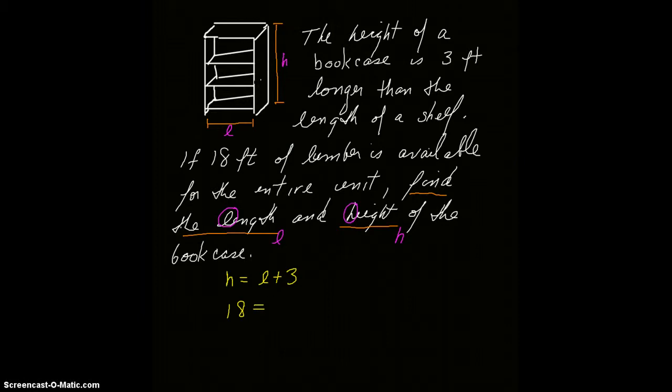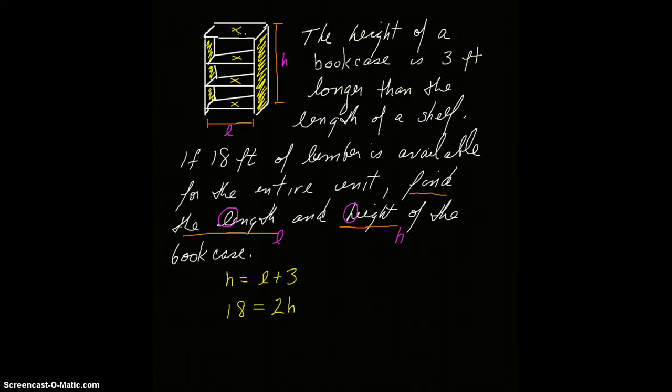So 18 would be, say, this side of the bookcase, right? That's H, but I've got another side over here that's also going to be H high. So I've got two of these lengths H, and then I've got a shelf here, a shelf here, a shelf here, and a top.